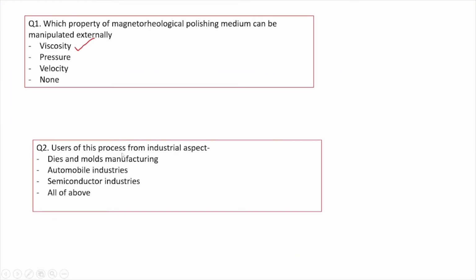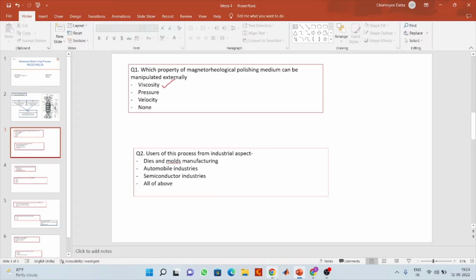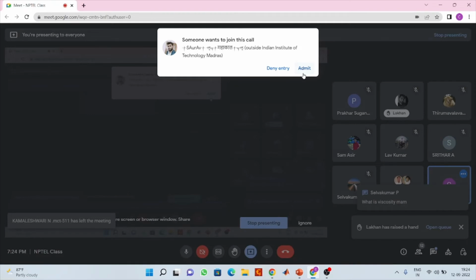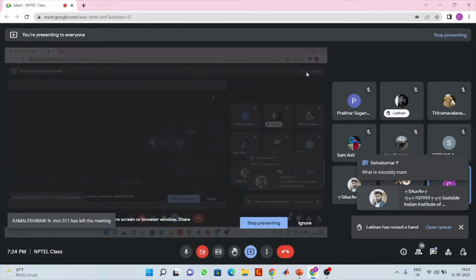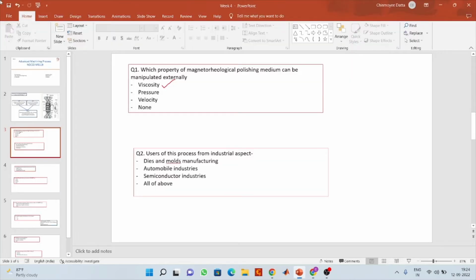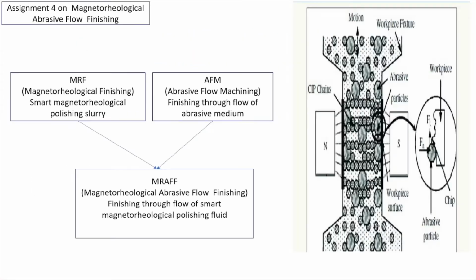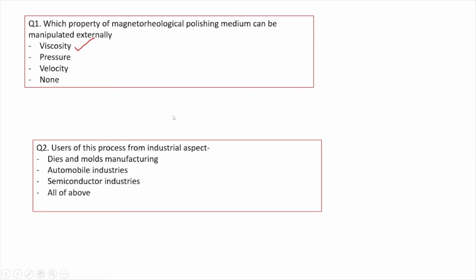The second question is about users of this process from an industrial aspect: dies and molds manufacturing, automobile industries, semiconductor industries.